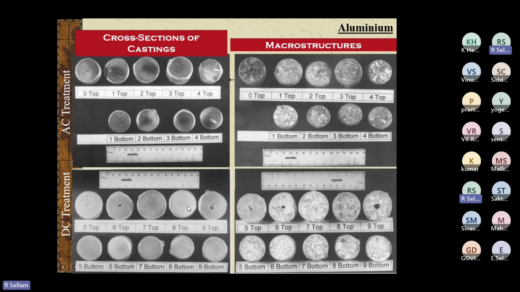The same is for DC, but with DC the amount of power you must add is more compared to AC. The same phenomenon happens over here, but the power requirement is more. Here also with degassing, equiaxed grains are coming. Here also it is all columnar, and again shrinkage is coming at higher power, treated with higher energy.